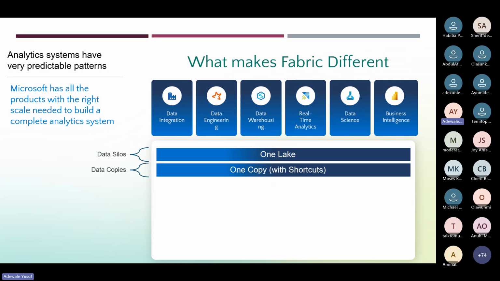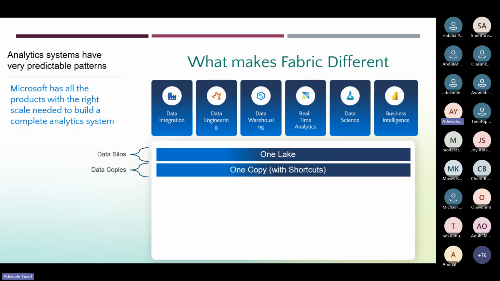We also have data copies. This is one of the most interesting things I like about Fabric, because you don't need to create redundancies of data. You don't need to create duplicates of data. Imagine somebody in finance says, I need information on employee data. I need people data. What most organizations will do is send you a copy of the employee data, or give you access to a copy of it.